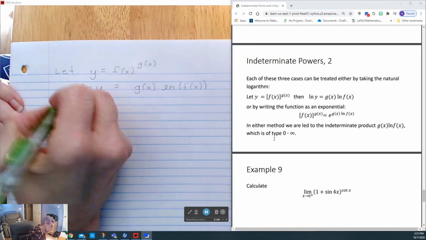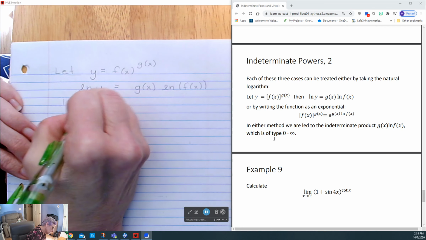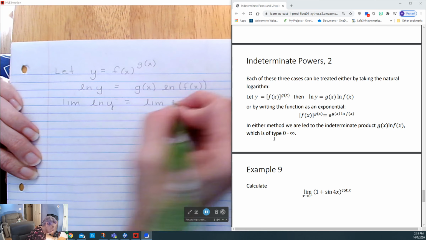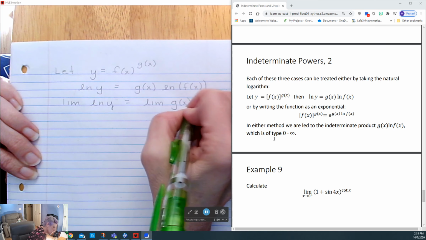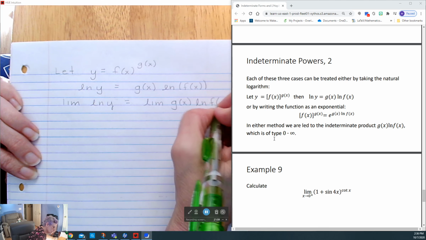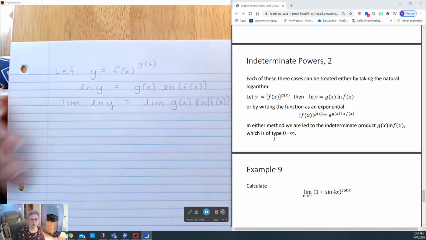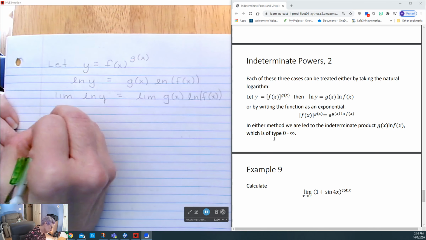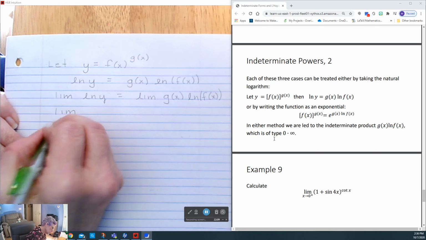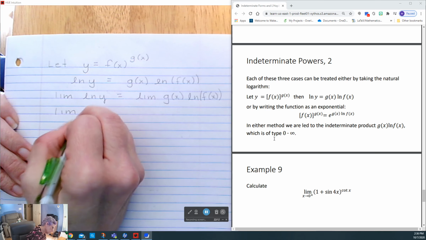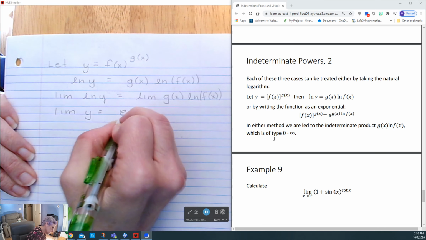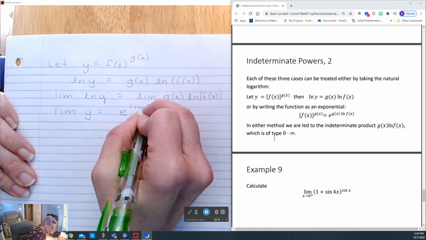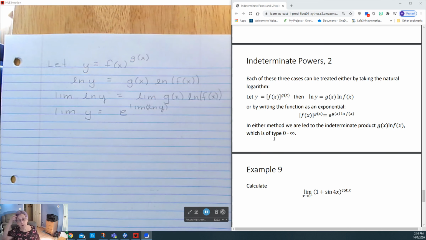Then we take the limit of the natural log of y, which is equal to the limit of g of x times the natural log of f of x, which means that our original limit, the limit of y, is equal to e to the limit of the natural log of y.